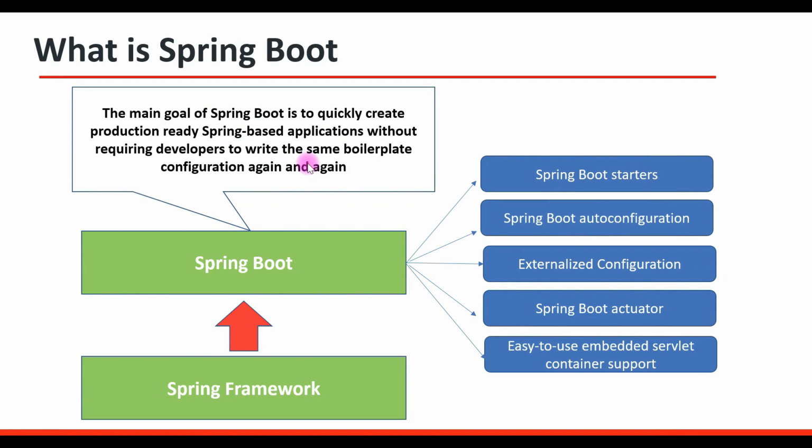Okay, so the main goal of Spring Boot is to quickly create production ready Spring based applications without requiring developers to write the same boilerplate configuration again and again. Okay, so that is the beauty of Spring Boot. We don't have to write the same boilerplate configuration again and again. Okay, Spring Boot will automatically configure all the configurations for us whenever it finds dependencies in a class path.